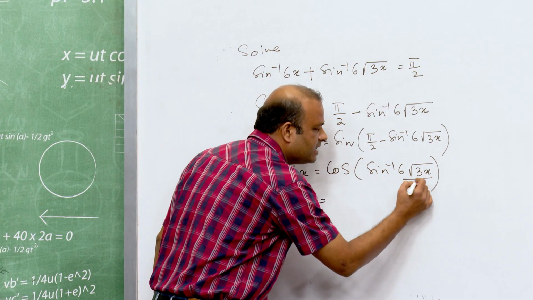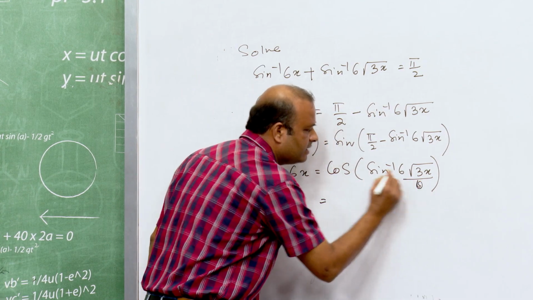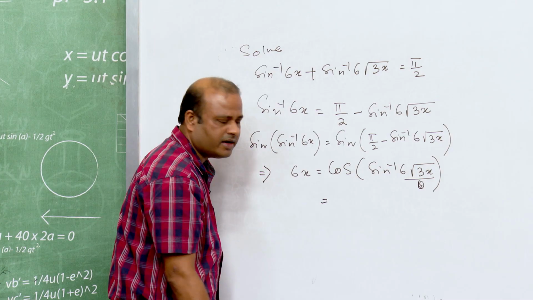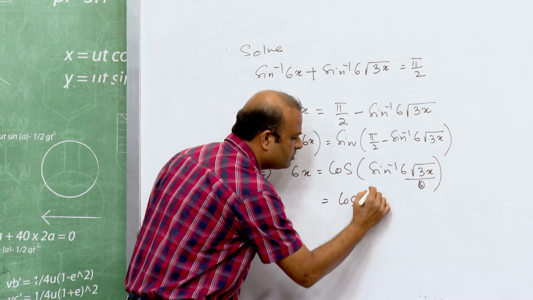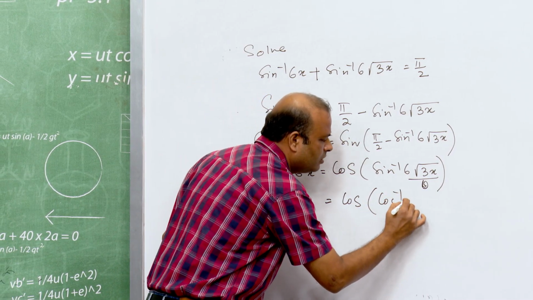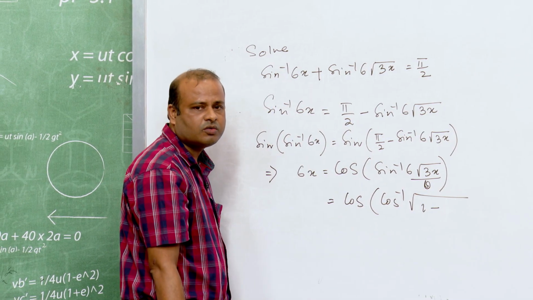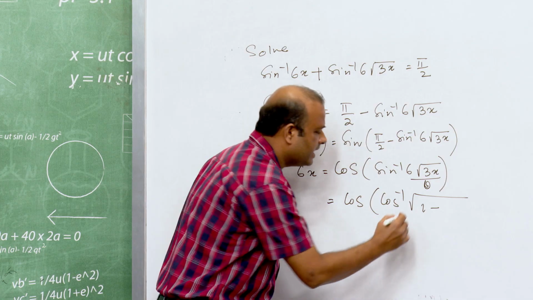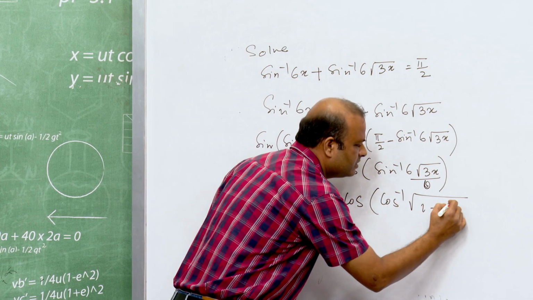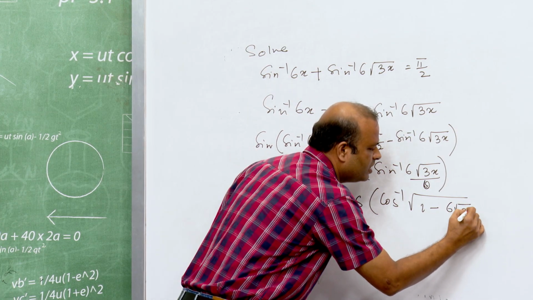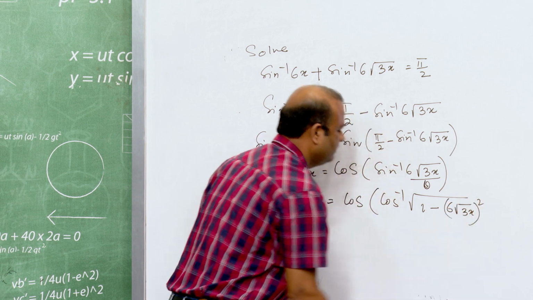Take this one as theta or x: cos of sin inverse x is root over 1 minus x square, that is root over 1 minus 6 into root over 3x whole square, right?